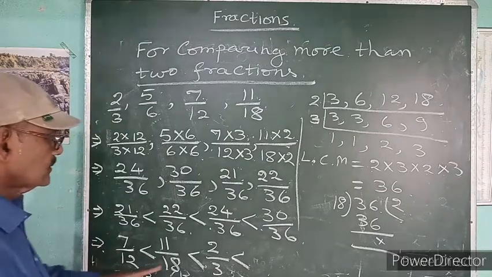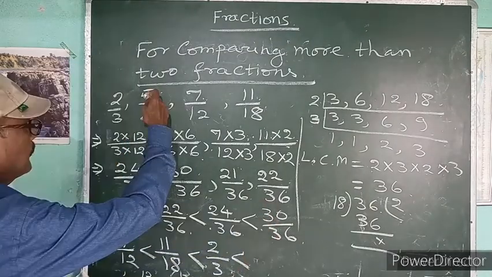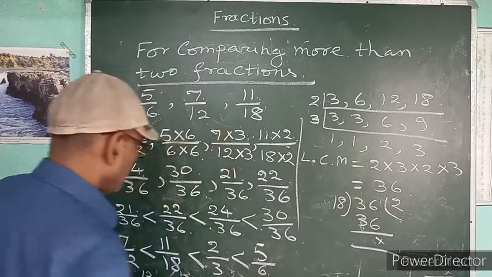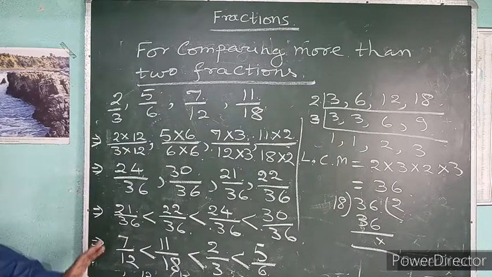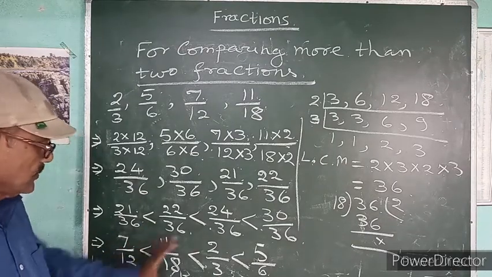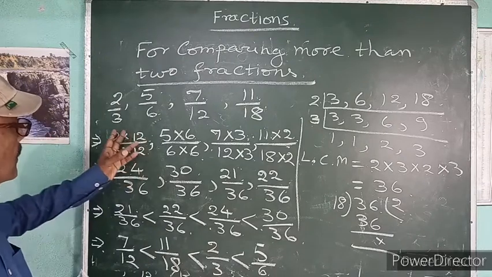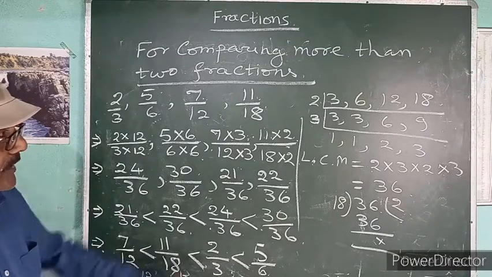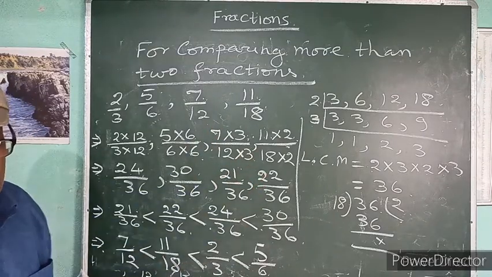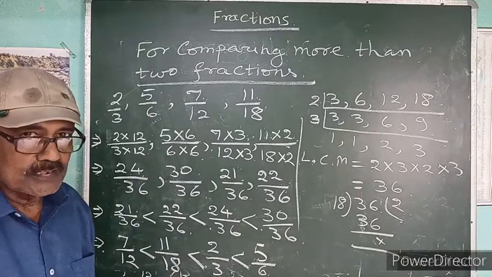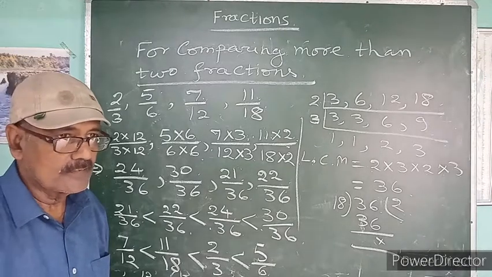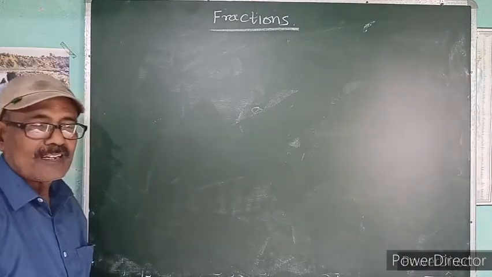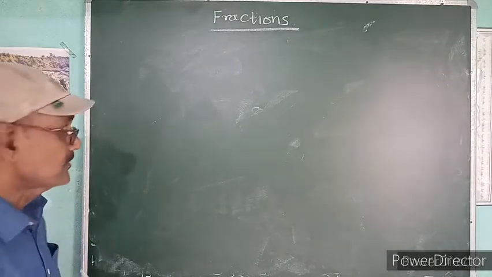Then the greatest one is 30 by 36, 5 by 6. So in this way we can compare these fractions by taking the LCM of the denominators and doing this process which I have already shown you. There is no other method of comparing the fractions. Then comes the addition of fractions.